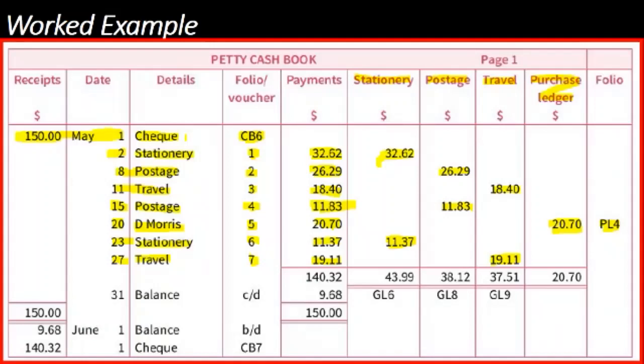Okay, as they write in the transaction here in the payments column, they extend it right away. Nothing wrong with that. You can do it that way too, and it should still work out to the same thing. Okay, or you can do all of your analysis like I did at the end of the period.